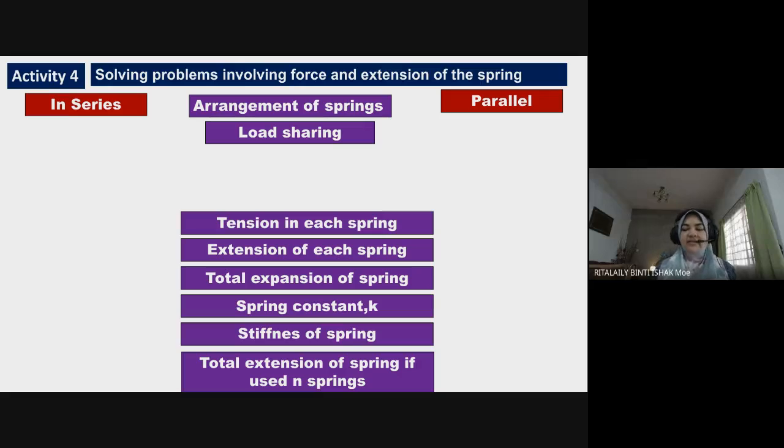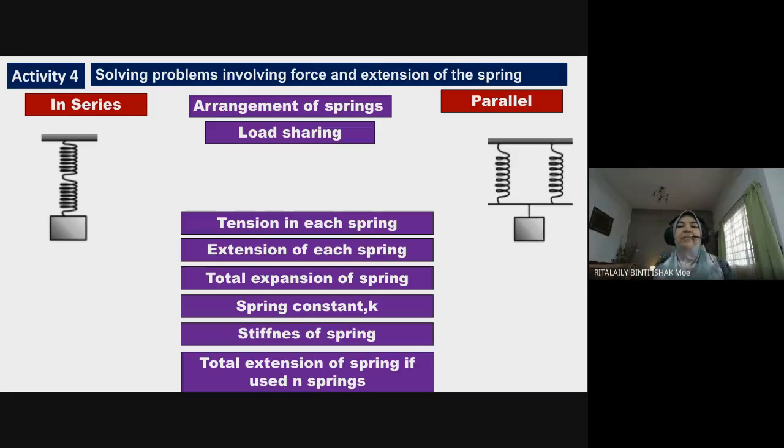Series maksudnya one spring after another. Okay, and also spring can be arranged in parallel, one spring next to the other. So if the arrangement of spring is in series, it's like this, whereas for parallel, it's like this.